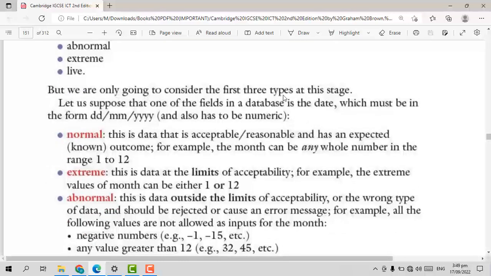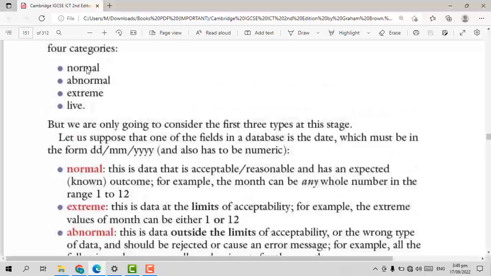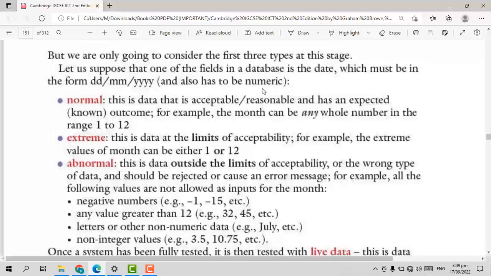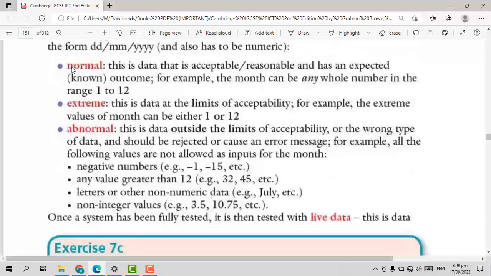We are going to consider the first three types at this point: normal, abnormal, and extreme. Let us suppose that one of the fields in a database is the date, and a date must be in the form of day, month, and year. They all have to be numeric numbers, right? Now, if the testing is normal, then this is data that is acceptable.